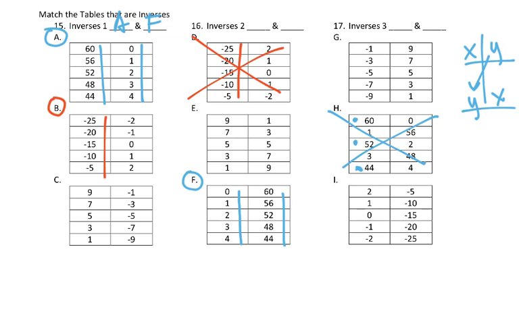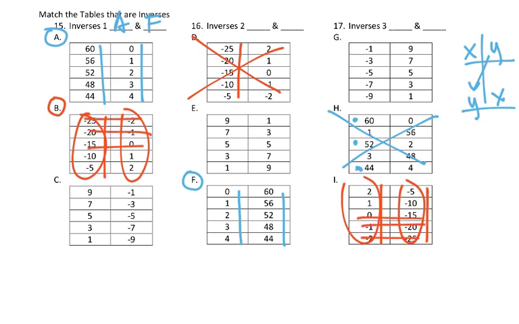So the only other one, I, has the same thing. So it's got a 25, 20, 15, and 10, and 5, opposite the same ones, but notice they're upside down. But it's still the x's become the y's become the x's, and those same x and y pairs match up, which means yes, B and I are inverses.